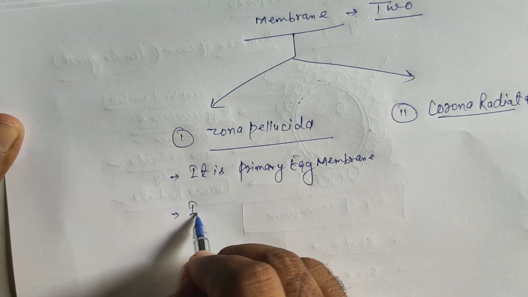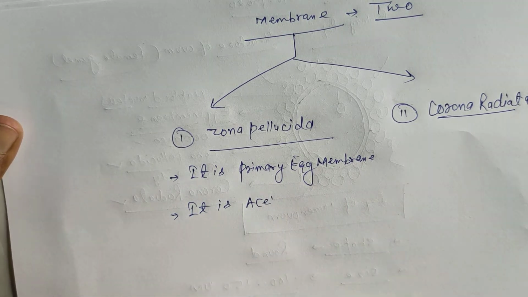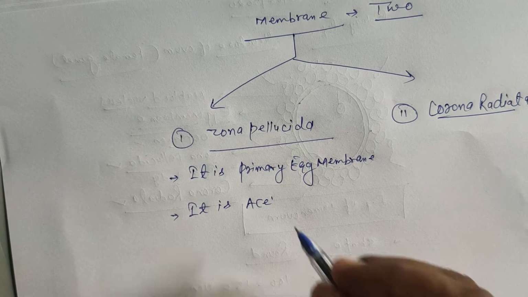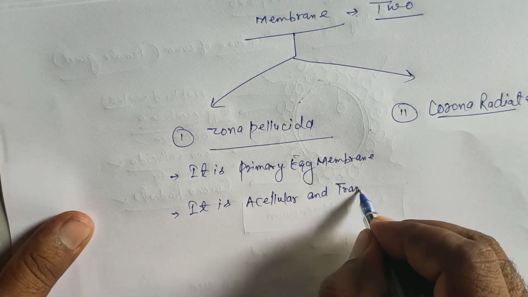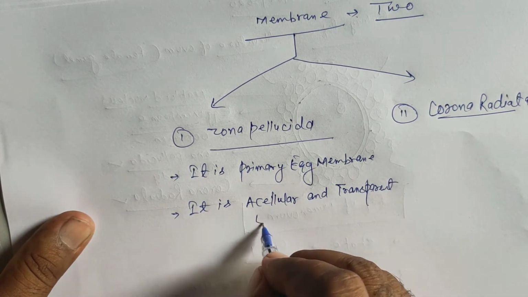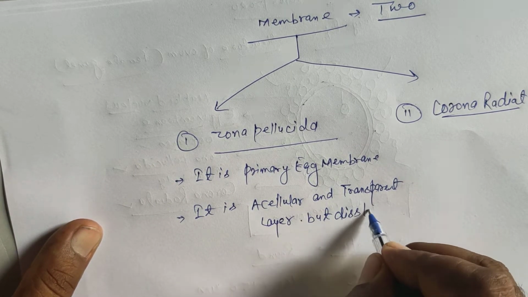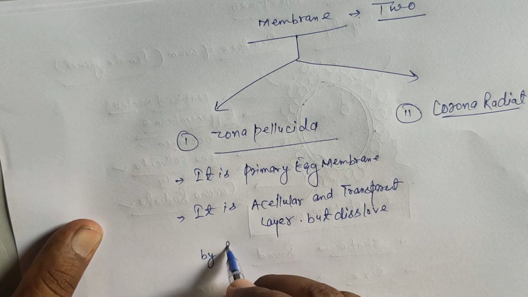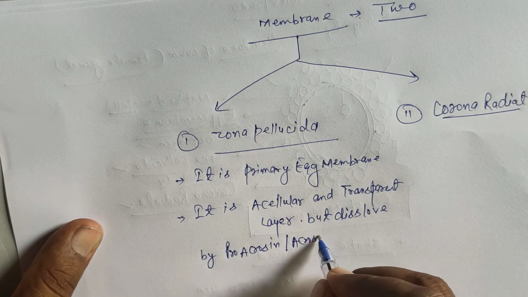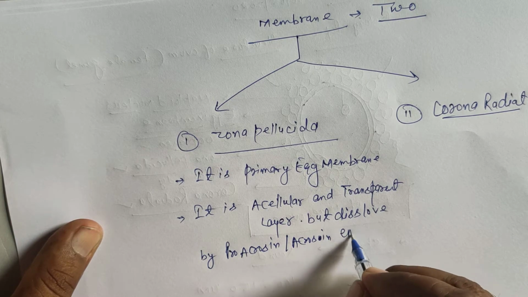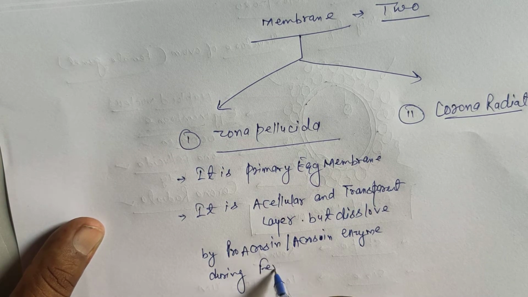Second, it is acellular or transparent layer, but dissolved by acrosin enzyme during fertilization.